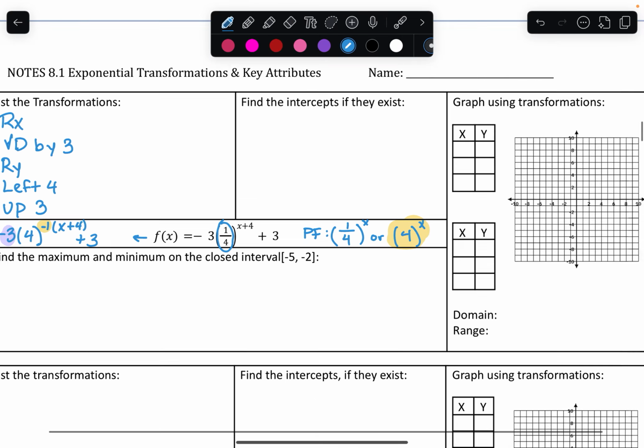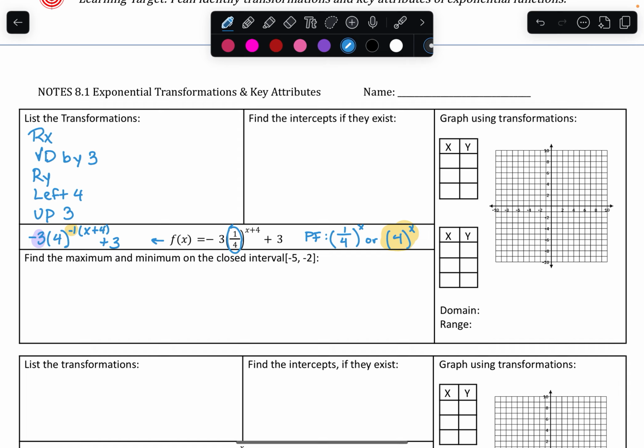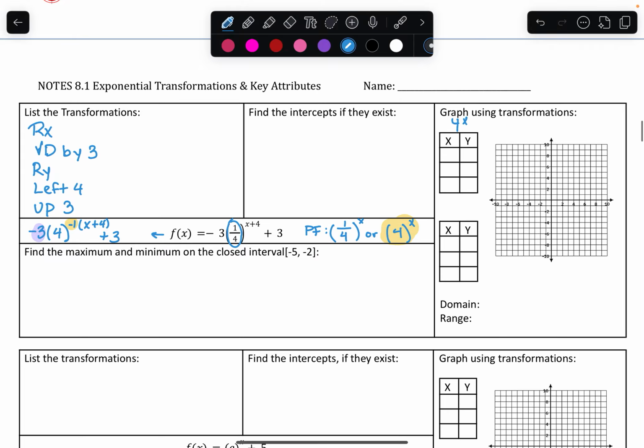Again, you're not going to have a calculator to graph, so let's practice graphing using the transformations. I'm going to use the parent function 4 to the x, and I'm going to plug in 3 numbers. You can use 0, 1, and 2, or -1, 1, and 2. I personally prefer to use whole numbers. So here I get 1, 4, and 16.